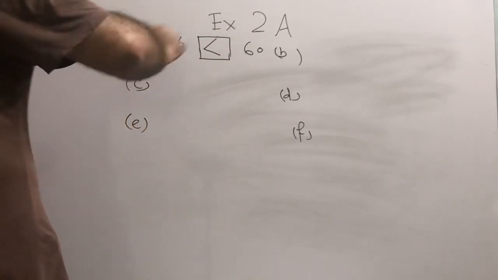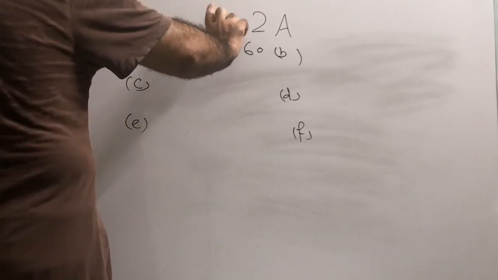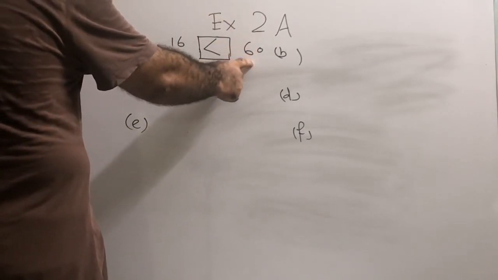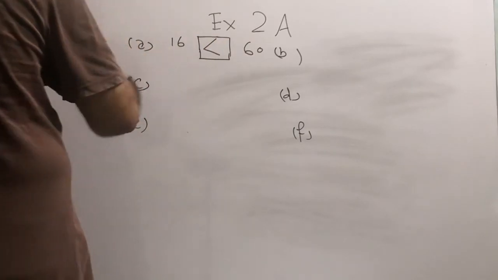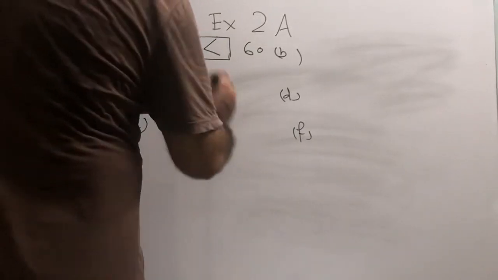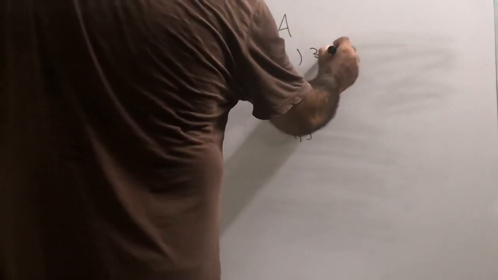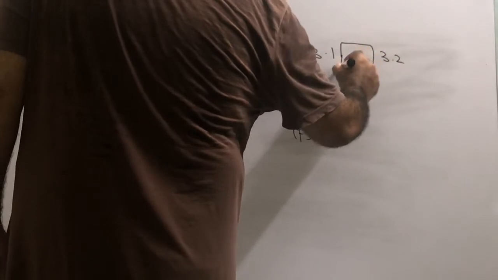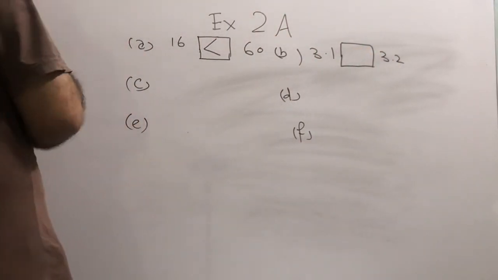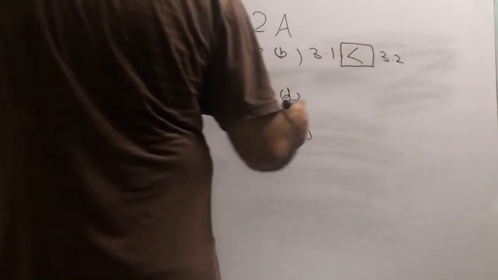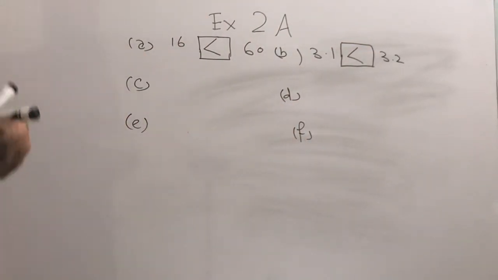This symbol, which is opened up this face, represents greater than. 60 is greater than 16. Okay, B is 3.1, 3.2. We know that 3.2 is greater than 3.1. So here we also put the same symbol representing 3.2 is greater than 3.1.